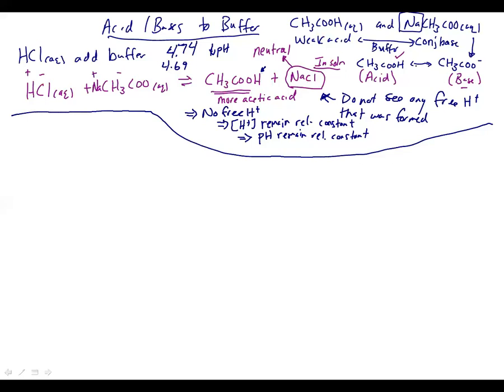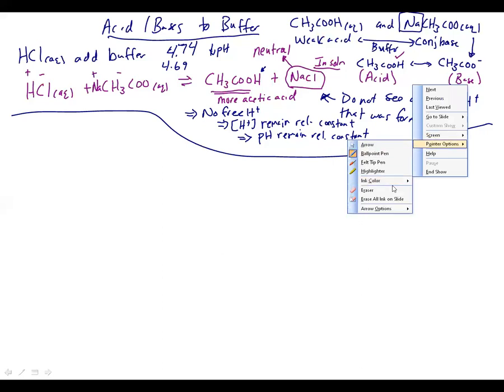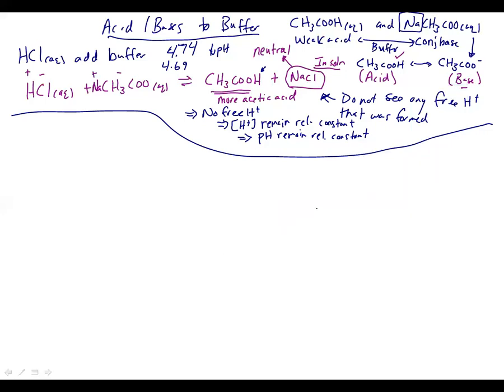So let's also look at what would happen if we added that same base to this buffer. So if we added our sodium hydroxide to our buffer, again here, the sodium hydroxide, which is a base, will react with the acid part of the buffer, right?